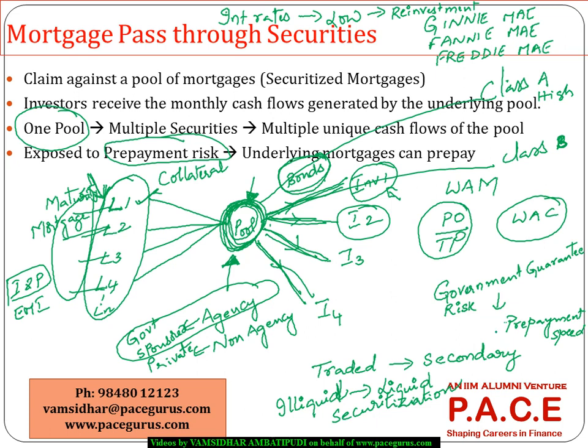All these things we can look at in the next few minutes. All right. So this is how a mortgage pass-through security is created based on the underlying mortgage securities.